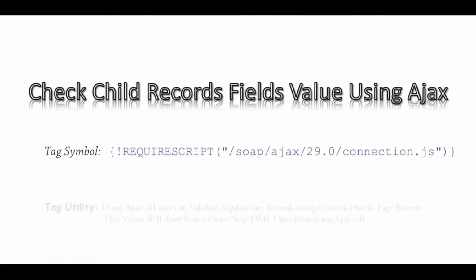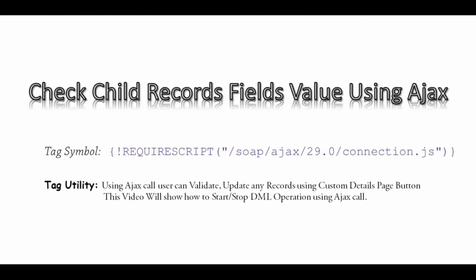In this video we are going to show you how to perform DML operation on records of child, records of parent using Ajax query in Salesforce. Here is the script tag symbol. Using this tag, it will include all the inbuilt support APIs written in the JS file, for example login, logout, update, query, and you will be able to access those APIs in your code.